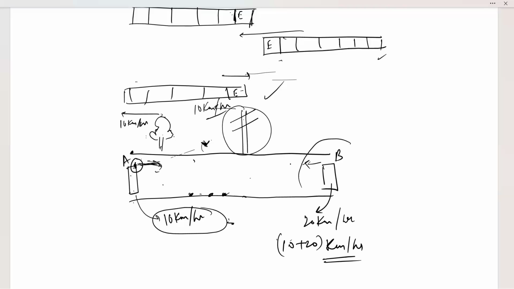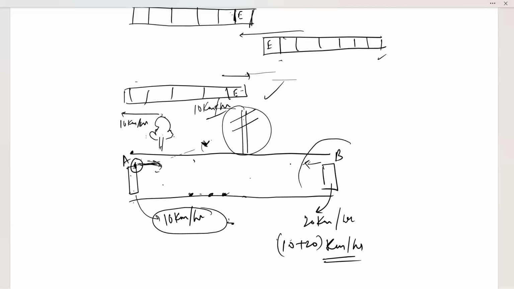Because, see, B is running towards A, that is the example we have taken. So B is coming here at a very high speed. Why? Had B been a stationary object like a tree or electric pole, then to the mosquito it would have appeared that B is also coming forward towards him, in this direction.